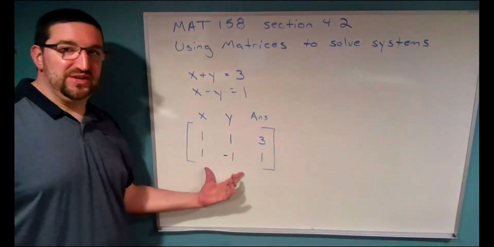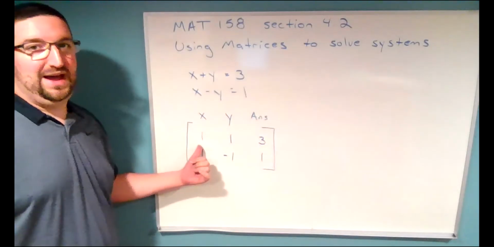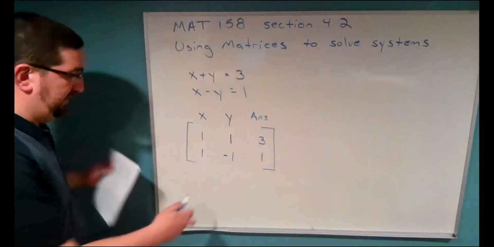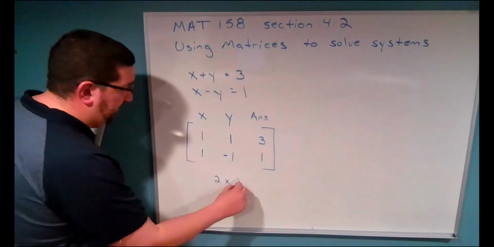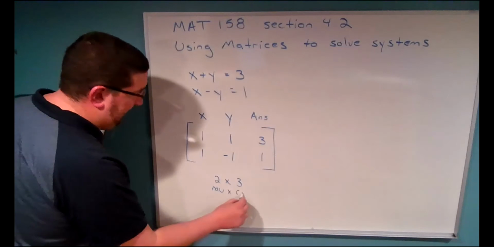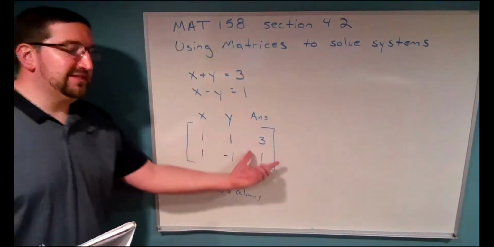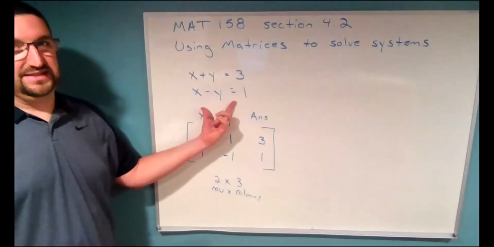This matrix right here is a 2 by 3 matrix. It goes rows by columns. So this 2 by 3 matrix represents this system.